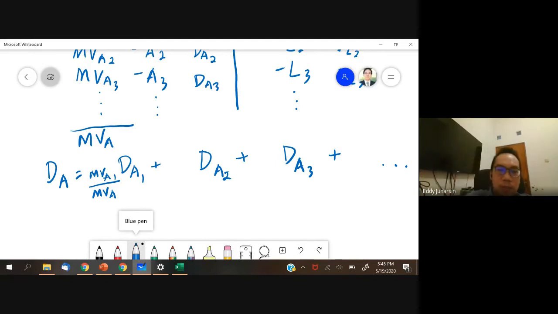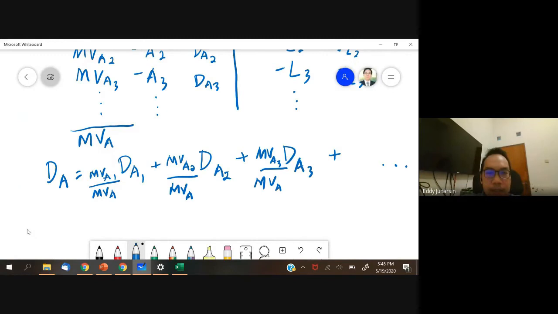So what about this one? What is the weight here? Market value of asset 2 divided by the total market value of the whole assets. This would be the market value of asset 3 divided by the whole market value of assets, and so forth.